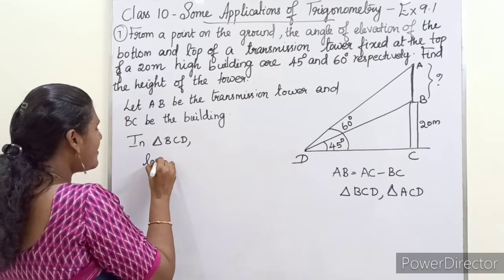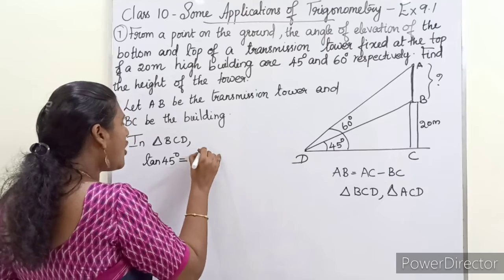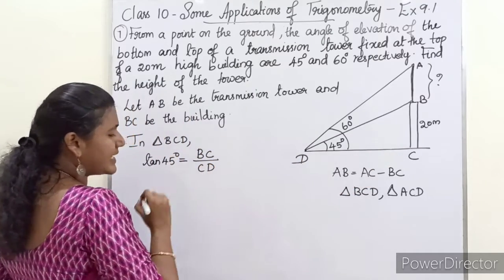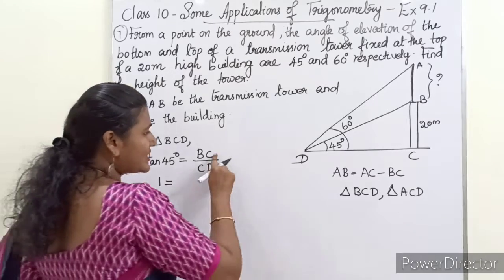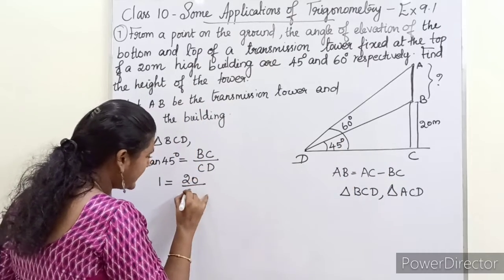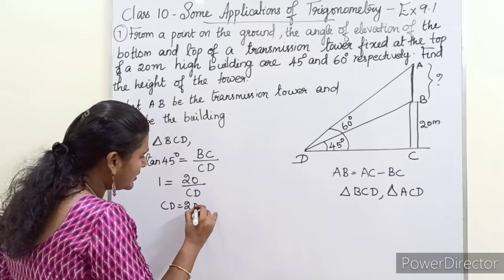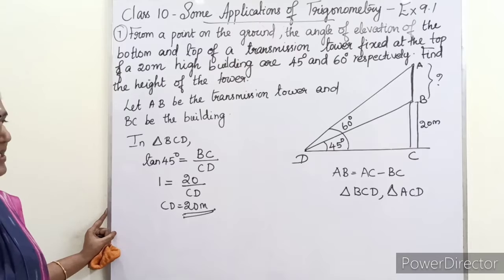So we will take the tan ratio. So tan 45 degrees is equal to opposite side, that is BC, by adjacent side, CD. Tan 45 is 1 and BC is 20. So 20 by CD. Now we will cross multiply. So CD is equal to 20 meters.